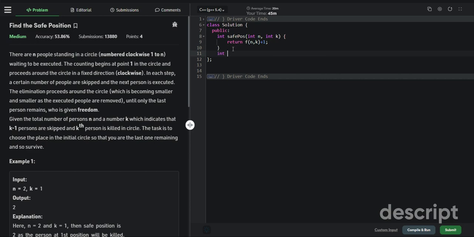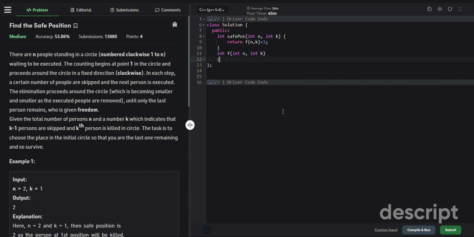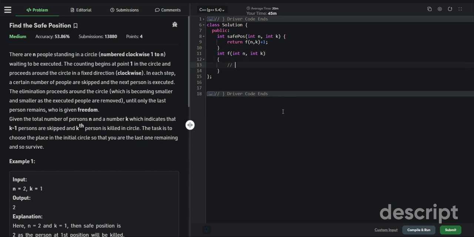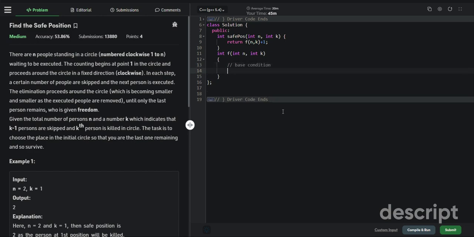So we can just create a function f which takes two arguments, n and k, and now we need to first specify the base condition, which as we discussed before will be that if the number of people is only one in the circle, then that should always return 0, because there's only one person, then only that person is going to die.